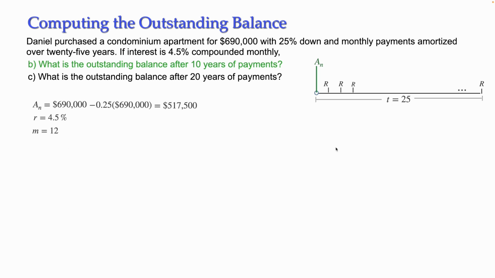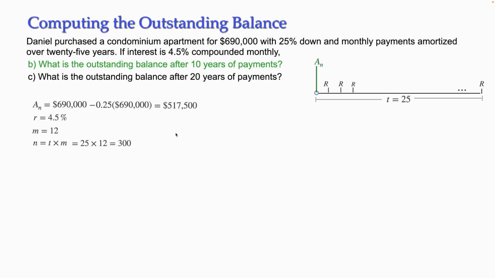To compute N, we multiply 25 times 12, the number of payments per year. The payments are again monthly. This is an ordinary simple annuity. N will be T times M, 25 times 12 equals 300. This is the N that you need to use in the formula of the present value of the annuity.